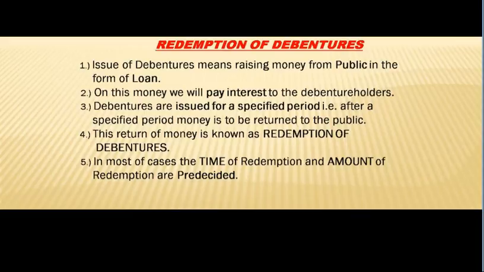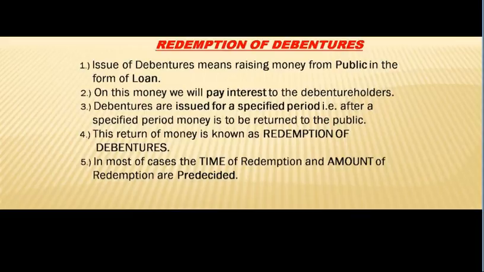Then we said that these debentures are issued for a specified period. That is, after a specified period, money is to be returned to the public. So, debentures are issued for a specified period. This return of money is known as redemption of debentures.